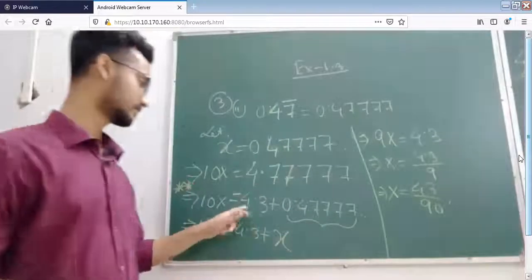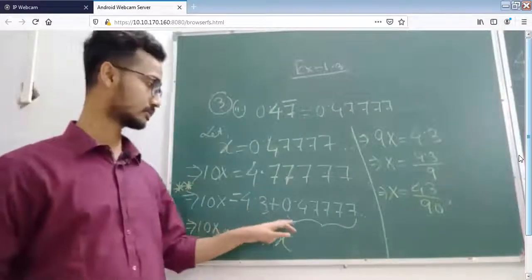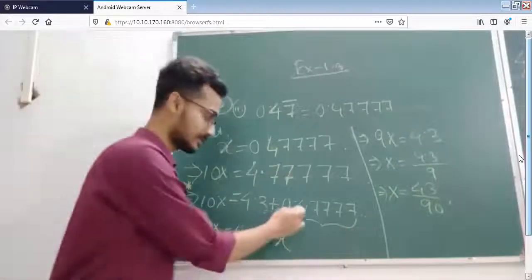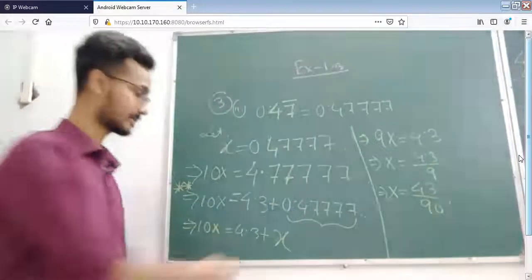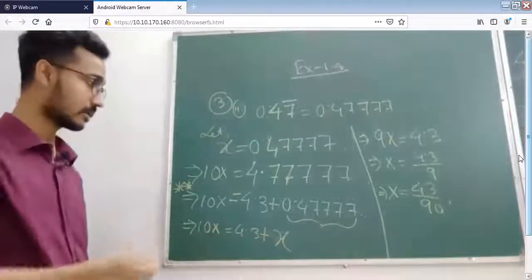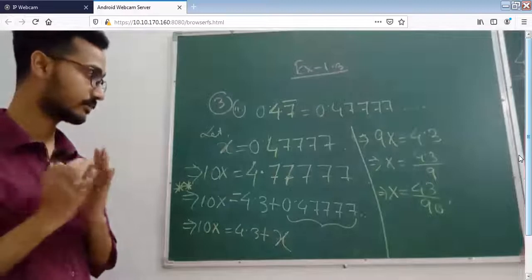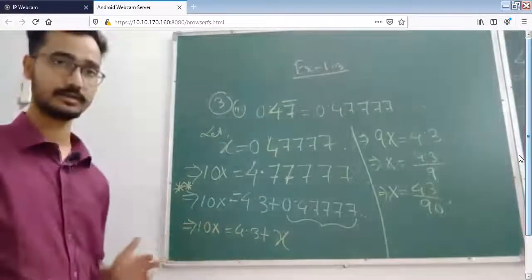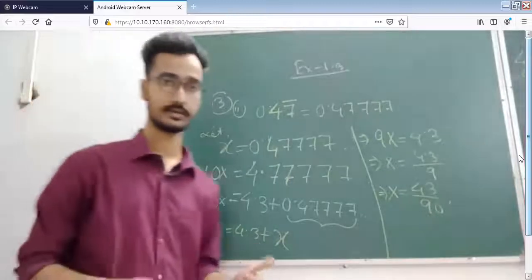Yes or no? That means if you add 4.3 with 0.4777, you will get 4.777. So in place of 0.4777, you can write x. Our motive is to write x here so that we can simplify it. That means we have to find the value of x. Okay, this is your first motive.